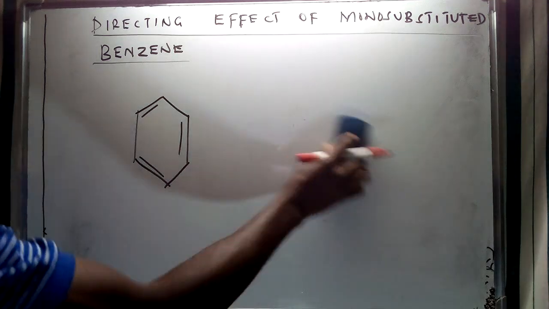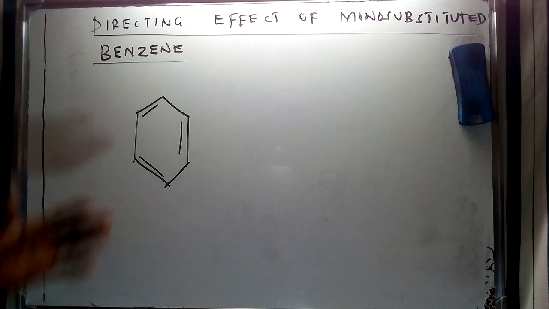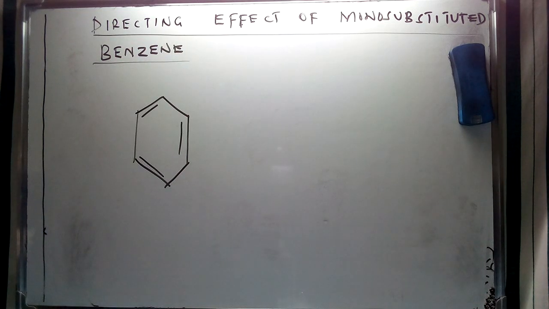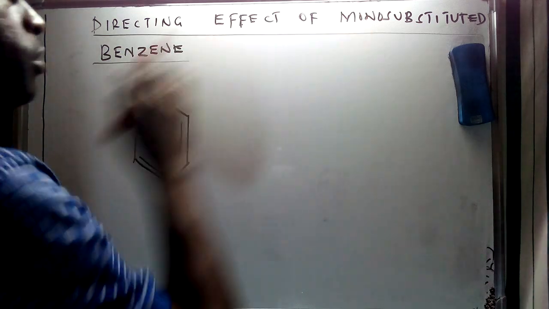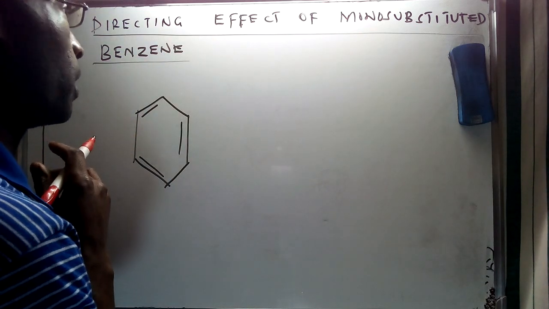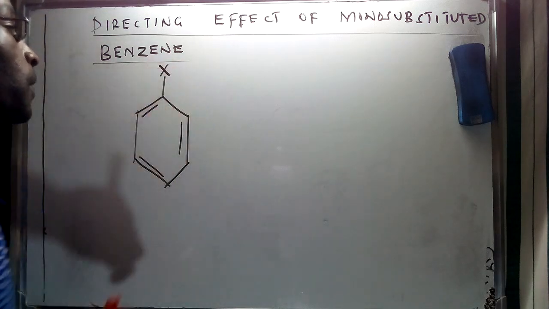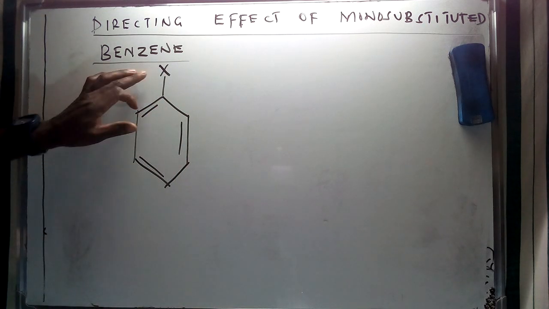So today we're going to look at one of the ways in which we can describe the monosubstituted benzene. Basically, this one is based on its specific characteristics, especially on the effect of trying to direct some of the subsequent substituents. So for us, trying to figure out what this type of reactions will look like, we're going to have this monosubstituted benzene having a substituent X at this specific point.